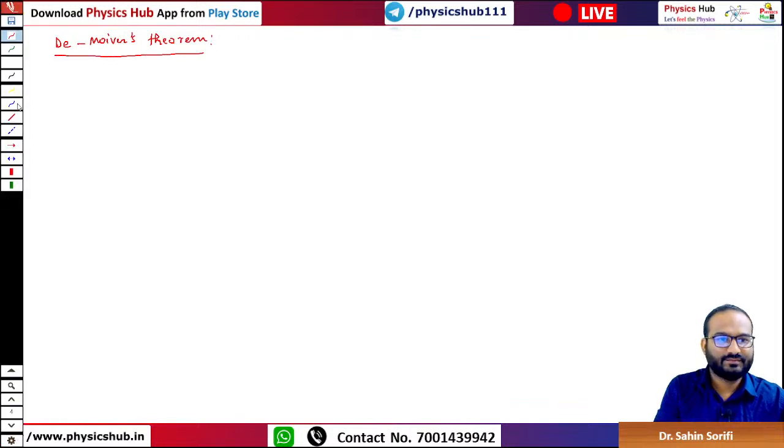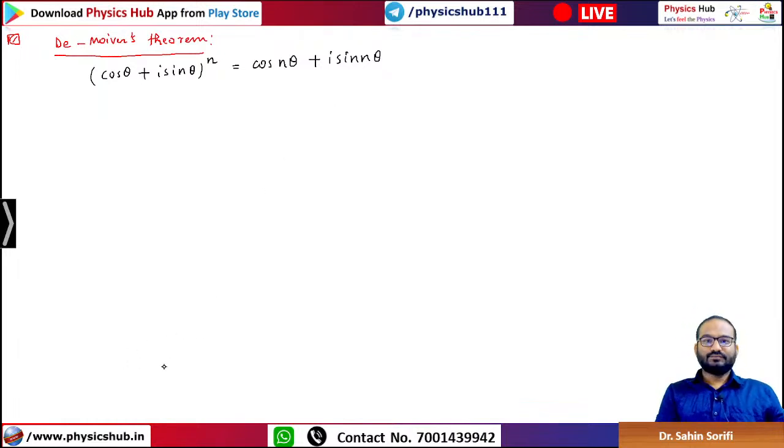As per de Moivre's theorem, we have this form: cos theta plus i sin theta whole to the power n is equal to cos n theta plus i sin n theta. Okay, you have to remember this de Moivre's theorem, mathematical form.